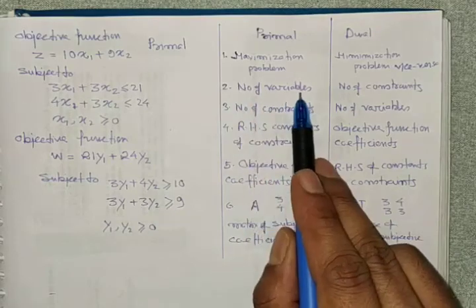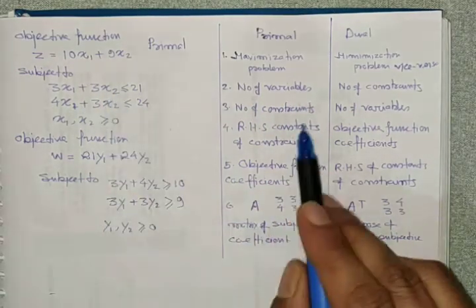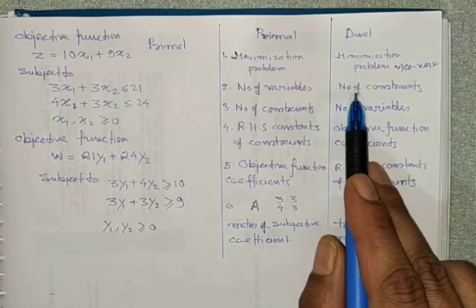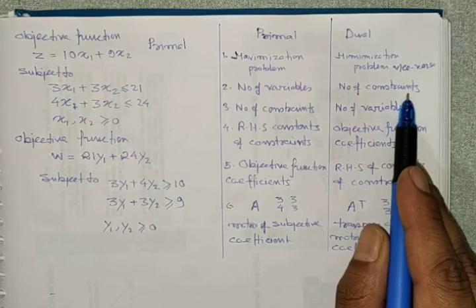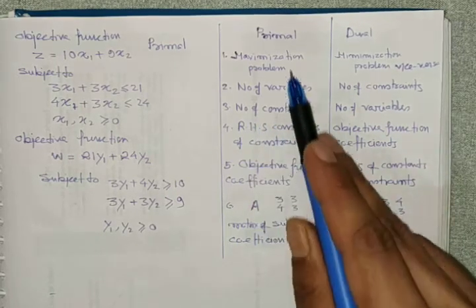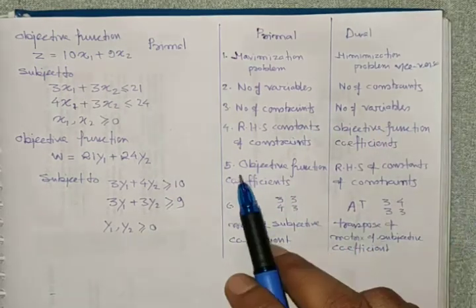And the number of variables in the primal is the number of constraints in the dual, and the number of constraints in the primal is the number of variables in the dual.